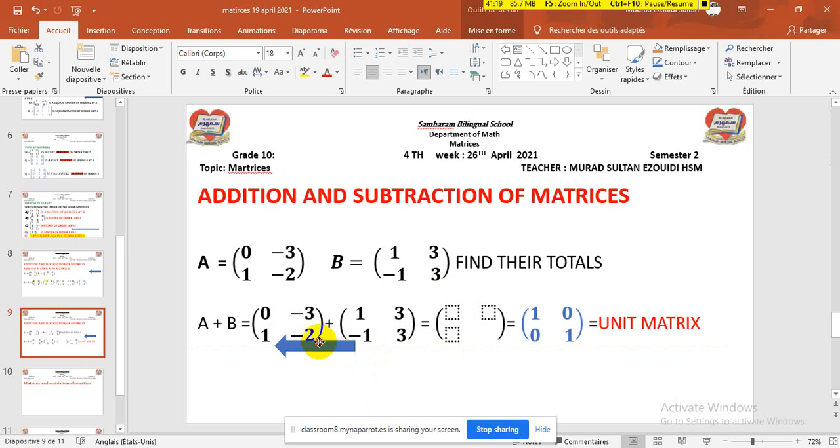Then 1 plus negative 1, which means 1 minus 1, is 0. Then we have 3 minus 2, which is 1. This matrix, girls, is called a unit matrix. A unit matrix is written like that: the diagonal values are equal to 1, 1, only 1, not negative 1. Clear?